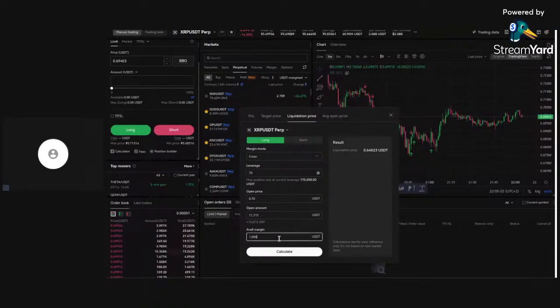Because what that's going to do is bring your liquidation prices way down. That would be equivalent to this right here, 60 cents. Now using cross, I have $1,500 in my account. I open up a trade on leverage with $150, 75x cross. My liquidation is 60 cents.